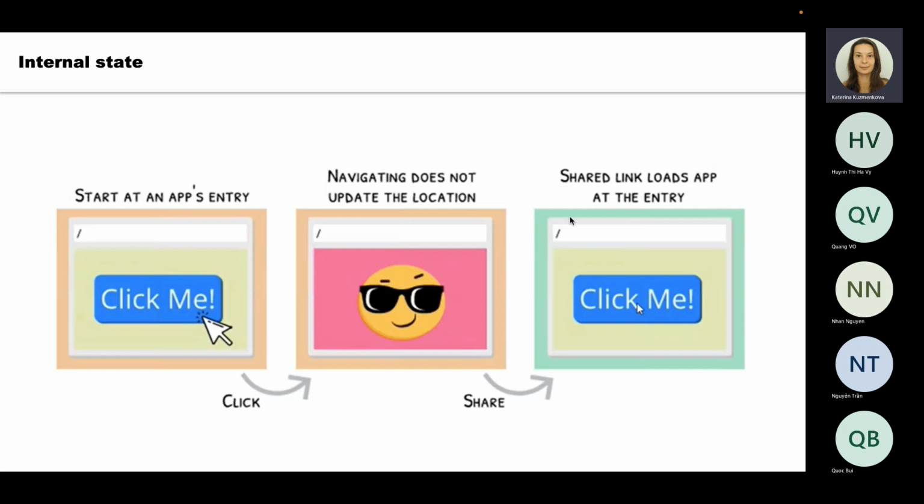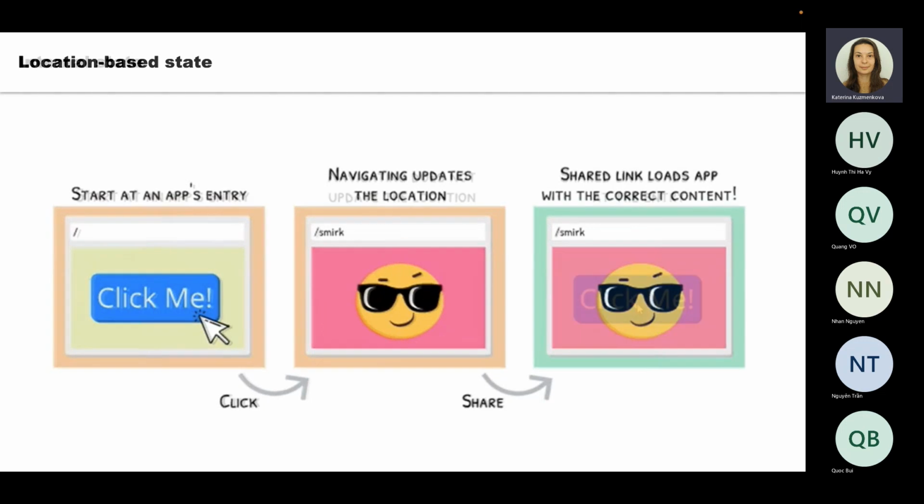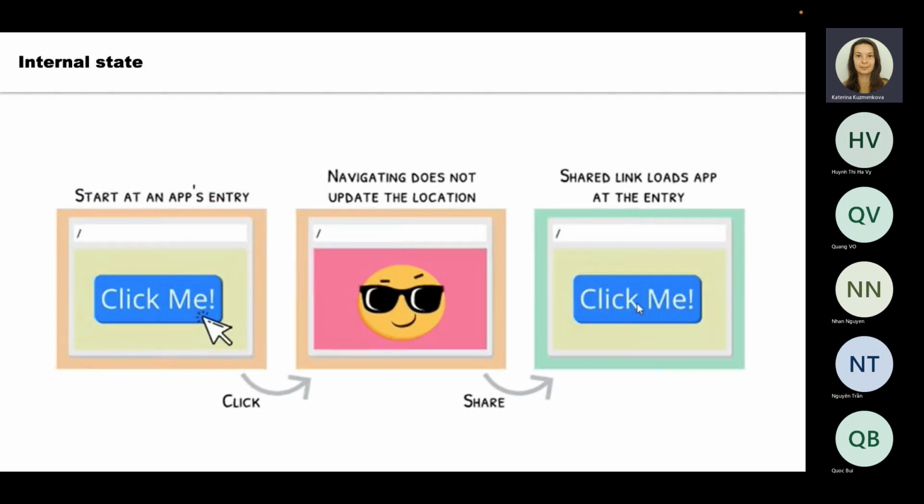With the next information, we will discuss internal state, and we will talk about location-based state. Internal state in single page applications is limited because there is only one entry.